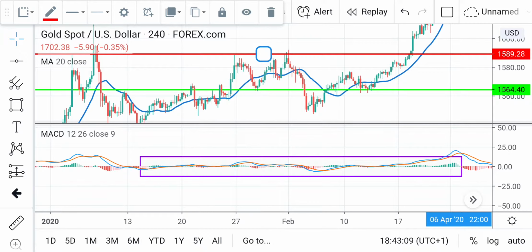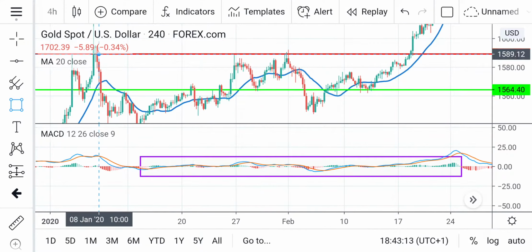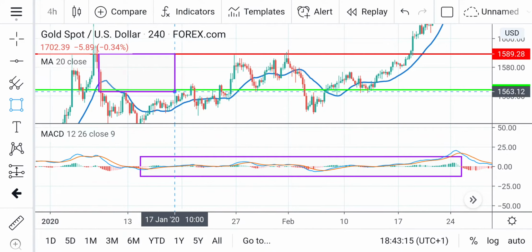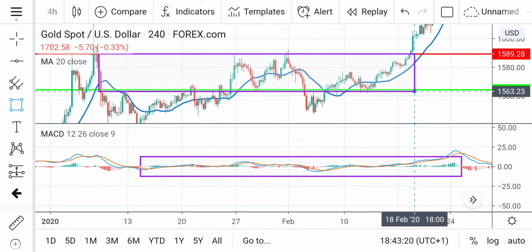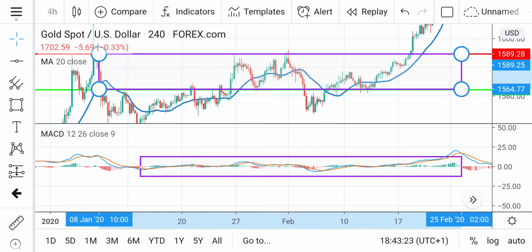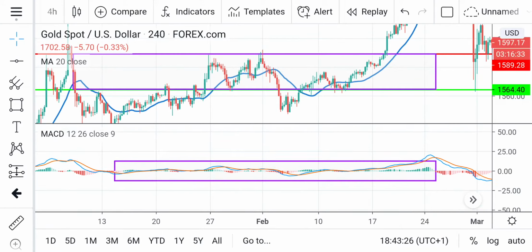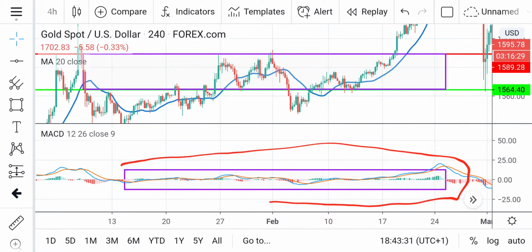So you can see that in this box over here, I have my support and resistance, and I can see that over here volatility is reducing.